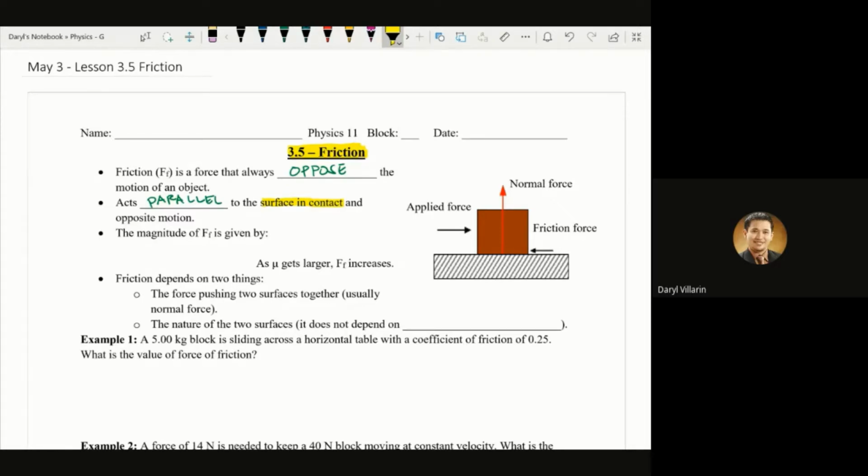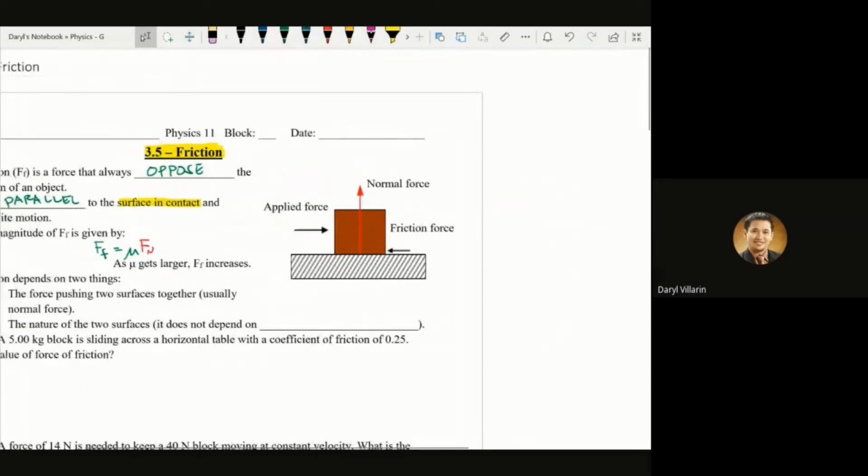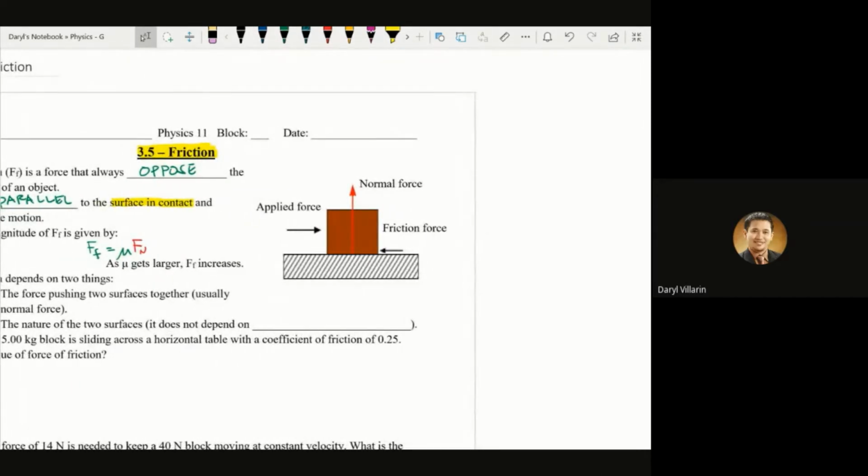The magnitude Ff of the friction, in general, is given by mu times the normal force. So as mu gets larger, Ff increases. If you can see here, in the figure at the right, the object is acted upon by several forces.